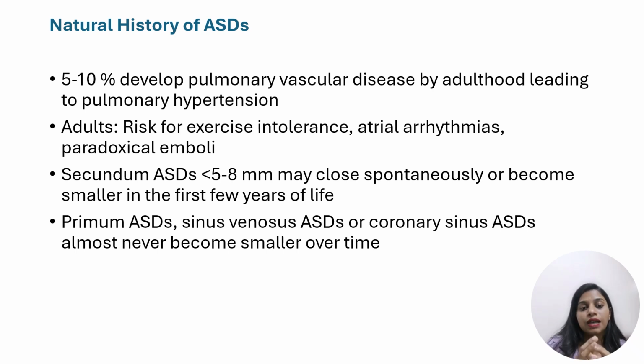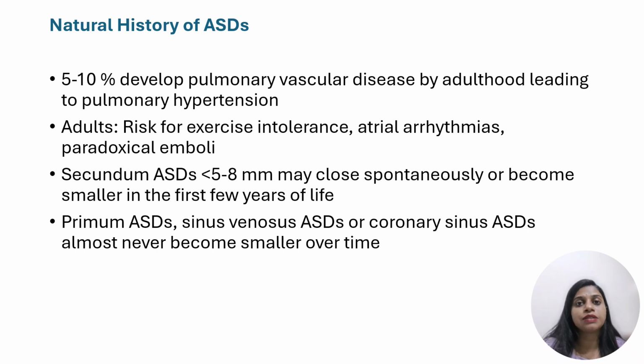Secundum ASD, if it is a small one, less than 8 mm, can close in the later stages as well. But if it is a primum, sinus venosus, or coronary sinus defect, it won't close by itself.